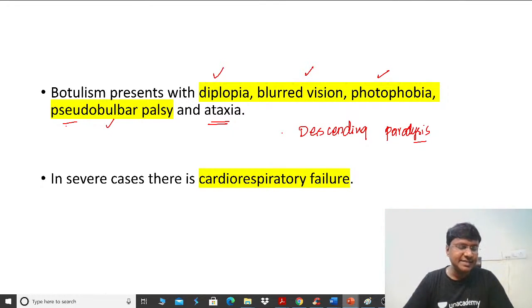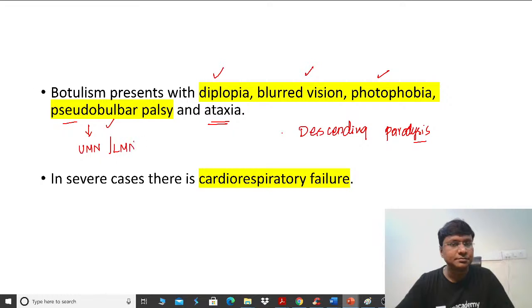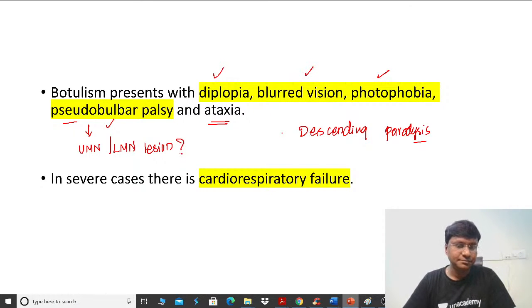Next, pseudobulbar palsy. Please tell me, is it an upper motor neuron lesion or lower motor neuron lesion? Yes, very good, Kumar Vendani.